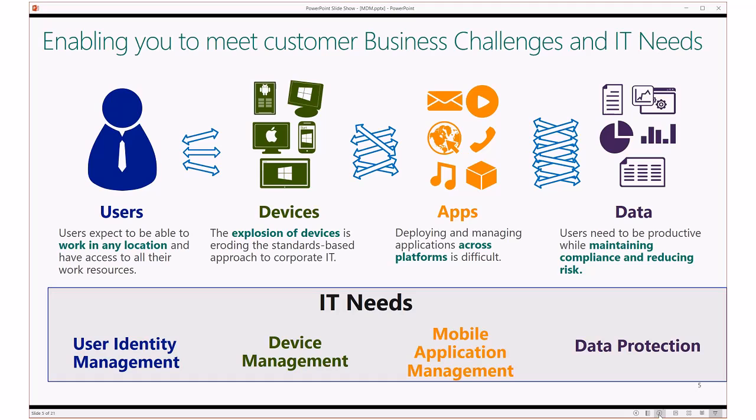Obviously centered around identity, the devices, securing those applications, and making sure that the data is accessed securely and is secured even after it is being accessed, and making sure that we're executing good data loss prevention, or DLP, strategies. Right, so when it comes to the needs of the IT individual, they're definitely many, and they need to be executed with solutions that are easily implemented, easy to maintain, and easy to use.